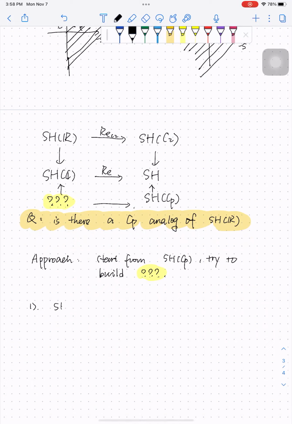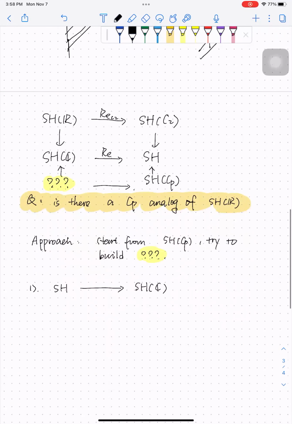So example one, from SH to the C-motivic. We have the theorem by Gheorghe, Wang, and Xu.